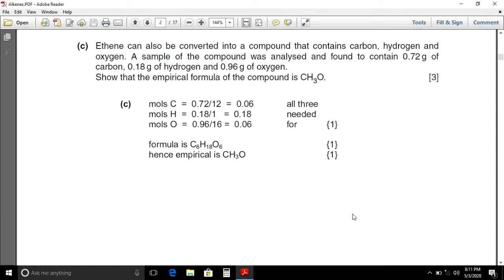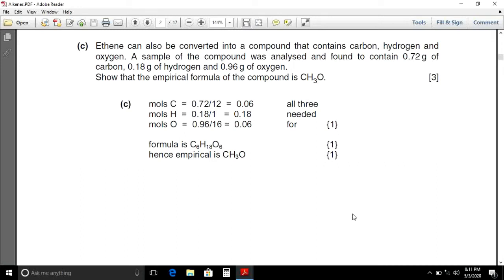Moles of carbon is 0.72 divided by 12, which gives 0.06 moles. Moles of hydrogen is 0.18 divided by 1, which equals 0.18, while moles of oxygen is 0.96 over 16, which equals 0.06 moles.